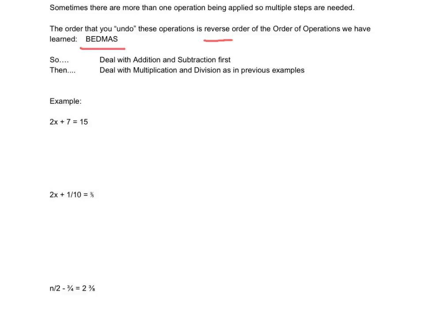2x plus 7 is equal to 15. Remember the purpose of solving is to get the x variable on its own, and in order to do that, we need to recognize what's happening to it. The x is being multiplied by 2, and there's also a 7 being added on the same side.